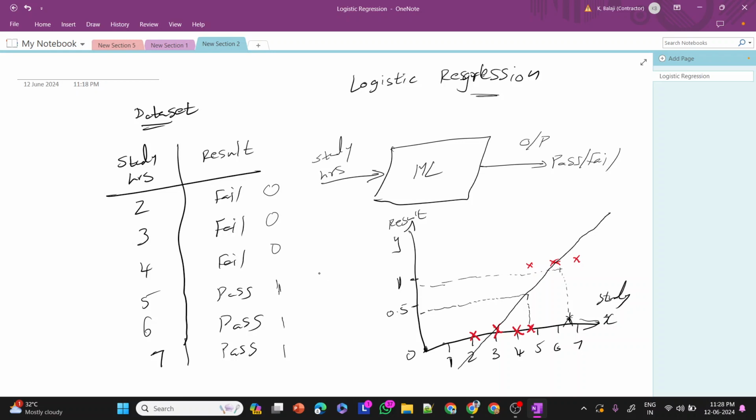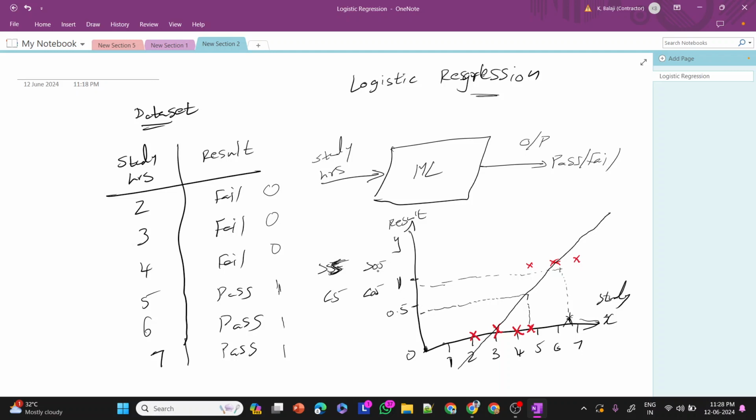That means by solving this problem using linear regression, a student who studies for more than 5 hours will get an output of more than 0.5, and a person who studies less than 5 hours will get an output of less than 0.5.